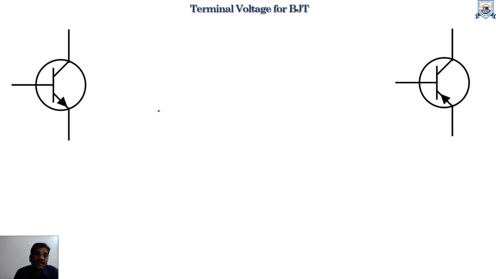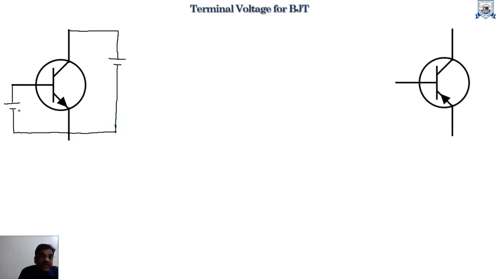To operate this transistor in active mode, the base emitter junction must be forward biased. So to forward bias this junction, the base terminal is connected to the positive potential of the battery and the emitter terminal is connected to the negative potential of the battery. To make the collector junction reverse biased, the collector terminal is connected to the positive potential of the battery and the emitter terminal is connected to the negative potential of the battery.